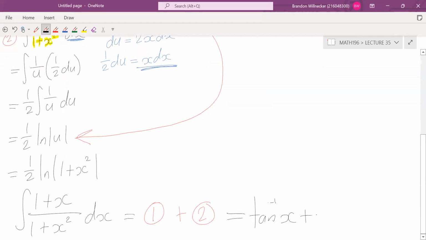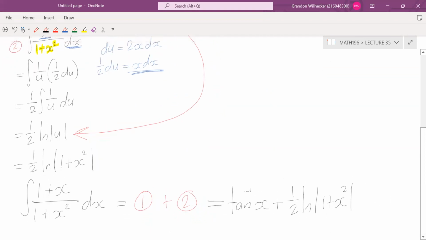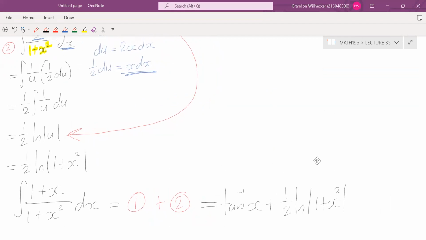The second part was 1/2 the natural log of 1 plus x squared. Okay, and now since we're writing down our final answer, we need to put the plus c. So as long as you have the plus c right at the end, then that's fine.